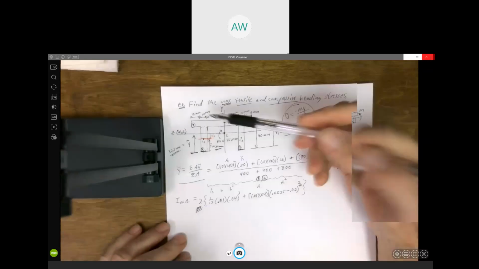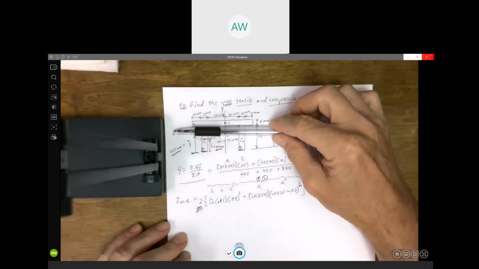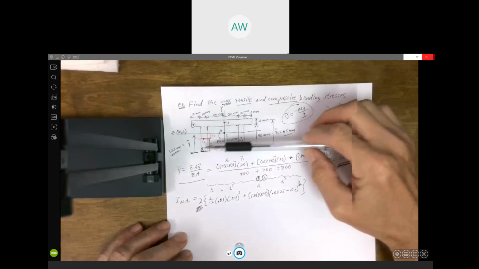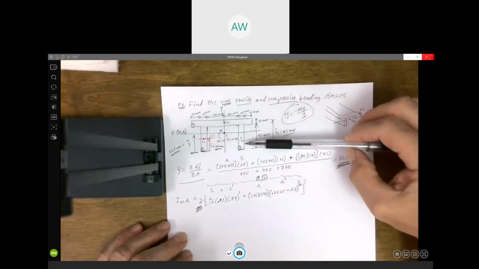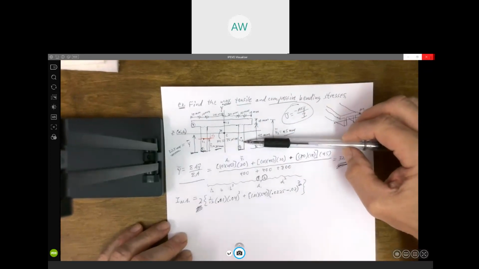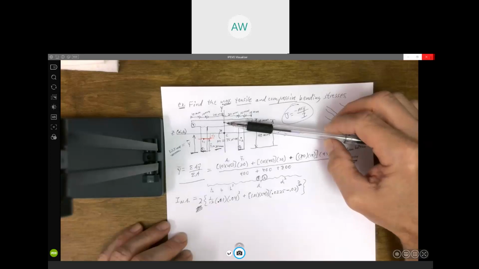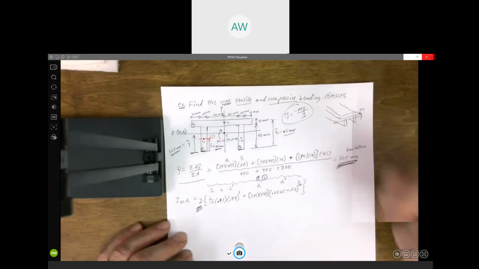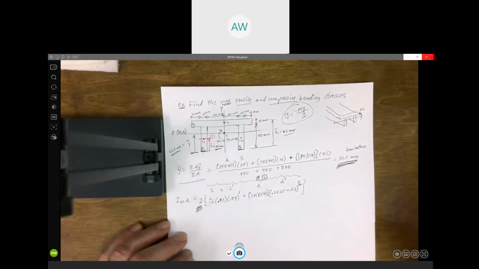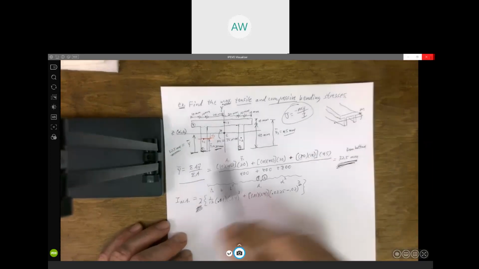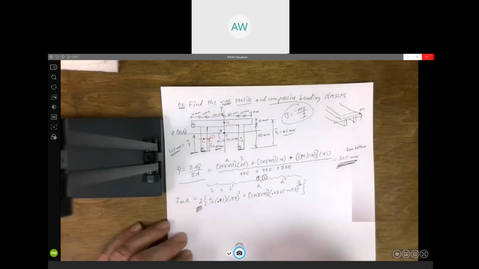So it would be the distance from the neutral axis to the centroid of area 1, to the centroid of area 2, and to the centroid of area 3. Yes, parallel axis there. So area 2 is identical, we'll just multiply by 2.